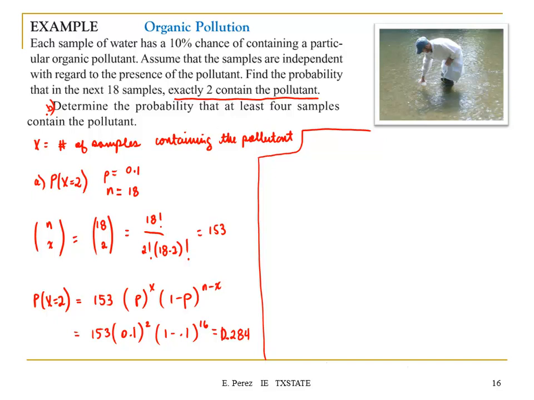Think about it. The first part is to find the probability that exactly 2, right? So that's why we use the equal sign. Well, the next part is the probability that at least 4.